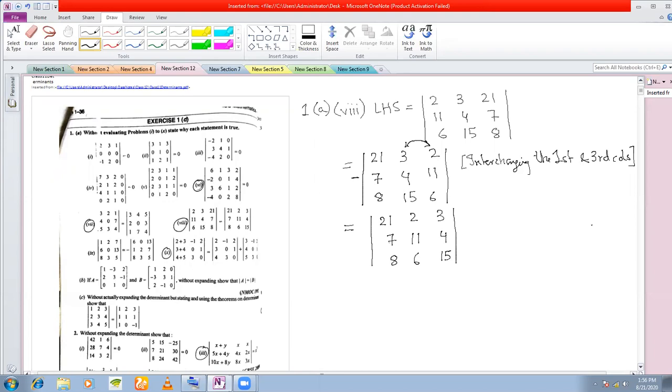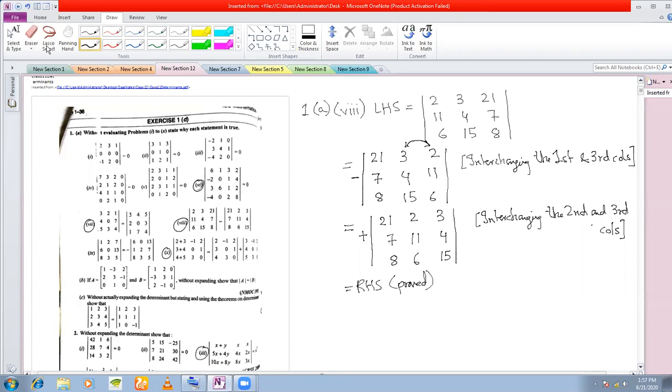And this minus again becomes plus. So now have we got the determinant or not? Interchanging the second and third columns, which is equal to RHS. Hence proved.